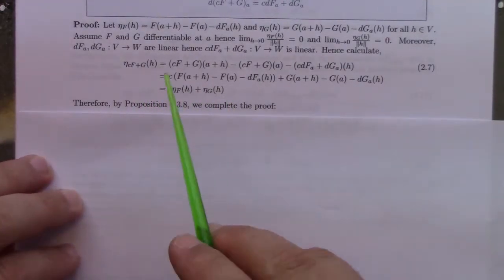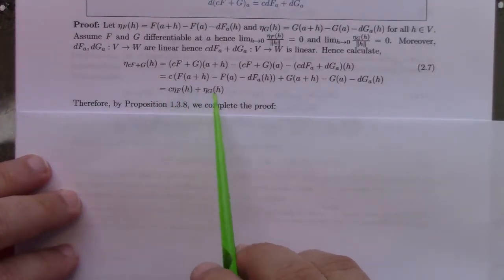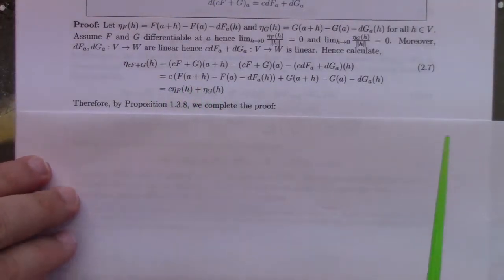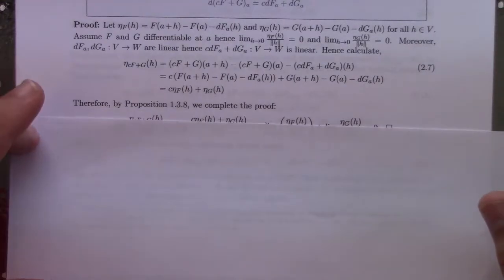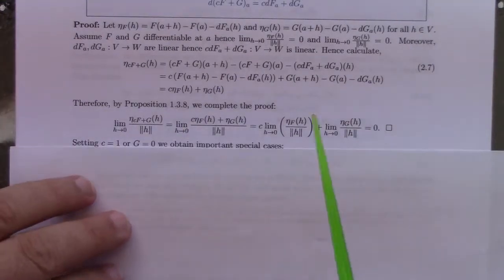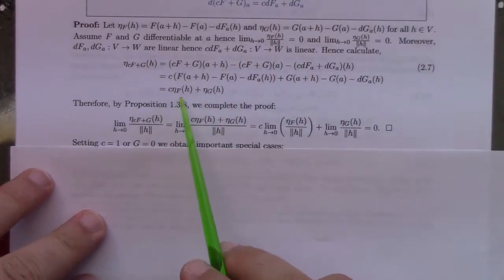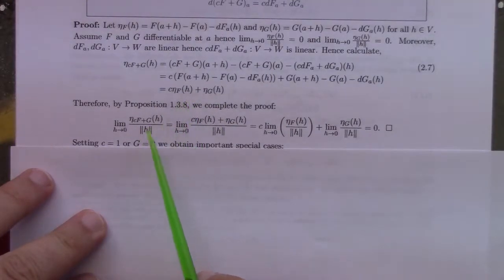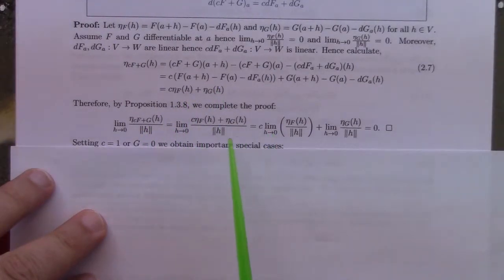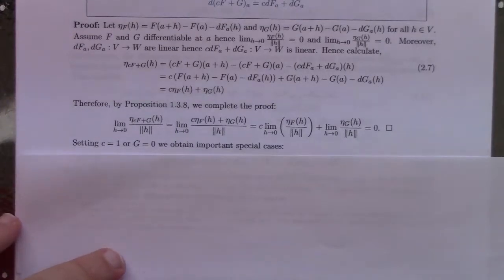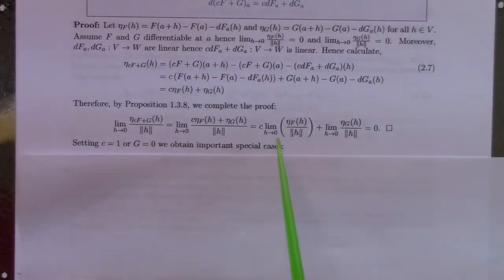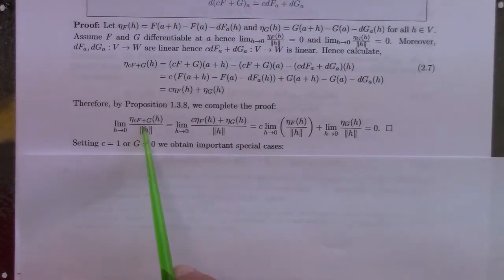And so, remember we argued that these were continuous at 0, and consequently we get that the limit, and more than that, the limit of the quotient of this with the norm of h is 0 by definition of differentiability. That's just another way of stating differentiability at a point with this notation. So here it is.